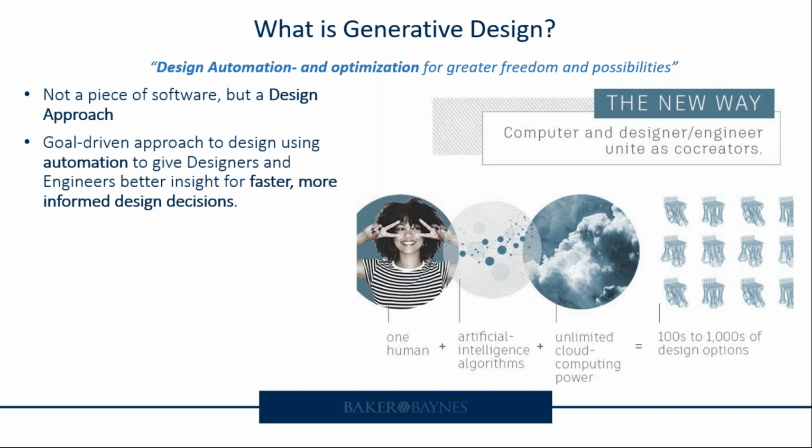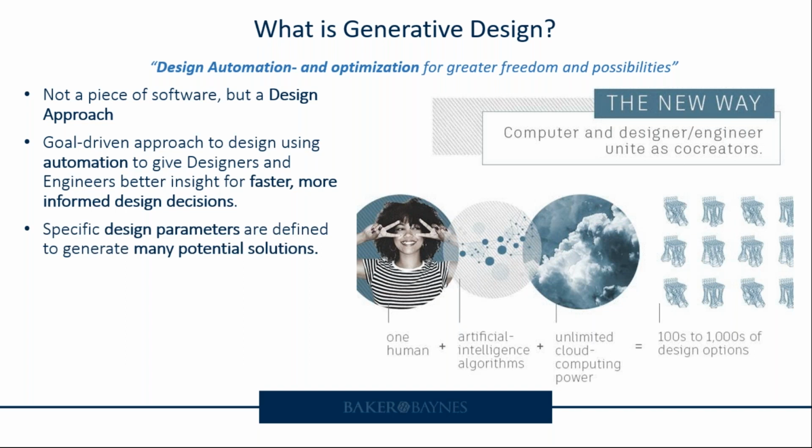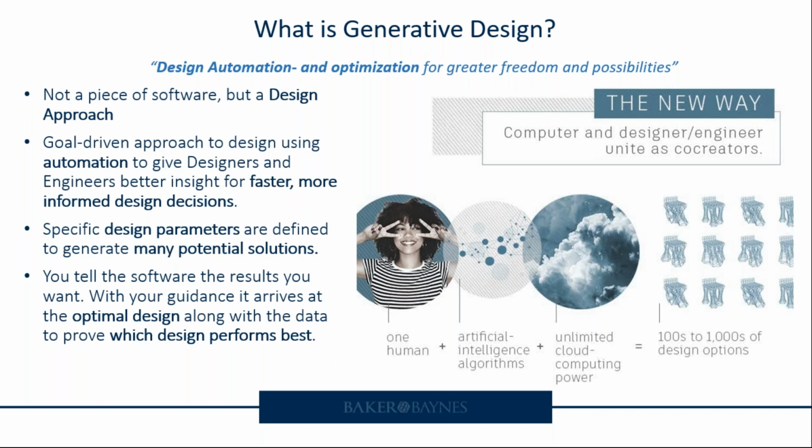So making use of this design process gives designers a better insight for faster and more informed decisions. And as the designer, you would define specific design parameters to generate many potential solutions. So basically, you're telling the software what results you want, and it gives you hundreds and thousands of options along with data to suggest which design performs the best.